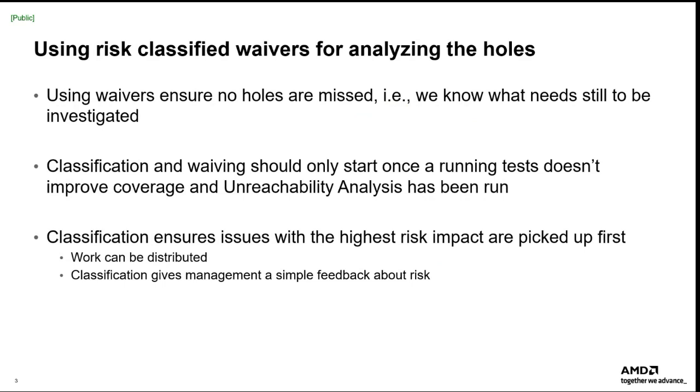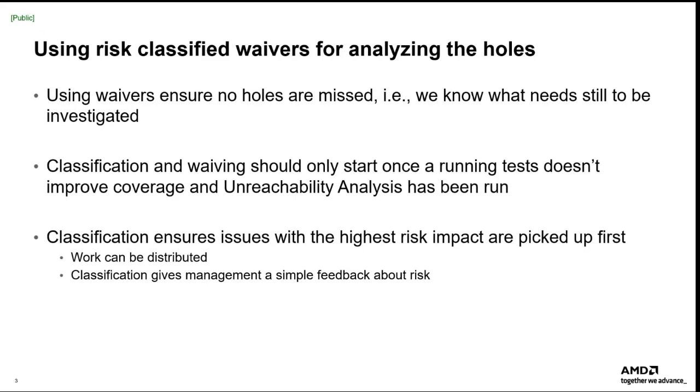What we are suggesting is to use classified waivers to analyze the remaining holes. Why use waivers? It's quite a simple answer. Using waivers ensures that we don't miss holes, because you know what we have already analyzed and what is still not analyzed.